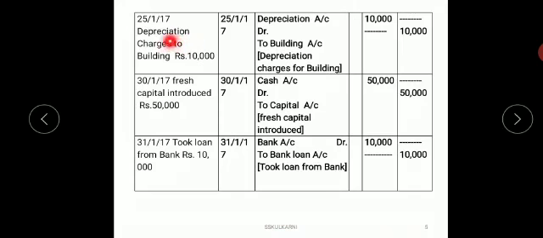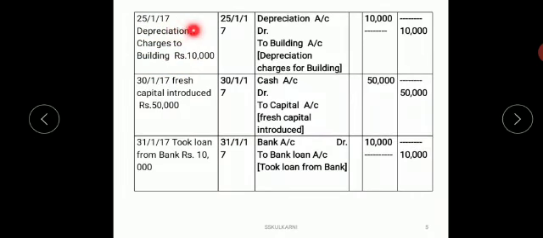Now on 25/7, depreciation charges to building rupees 10,000. Now as I told earlier, depreciation is a loss in the value of machine. So not machine, it is in the value of fixed assets. So your building is losing its value by 10,000. So this 10,000 is a permanent loss in the value of the building.